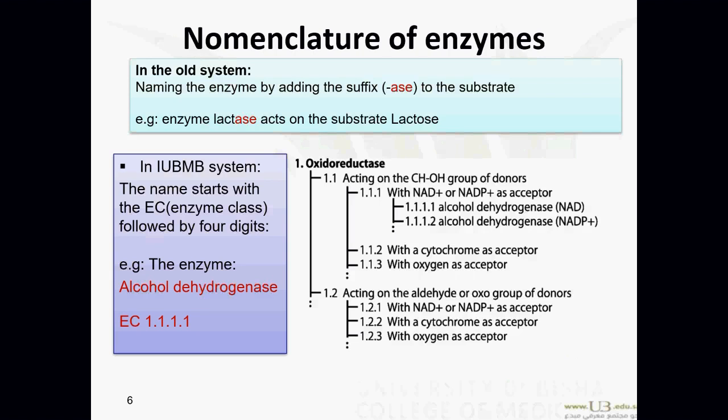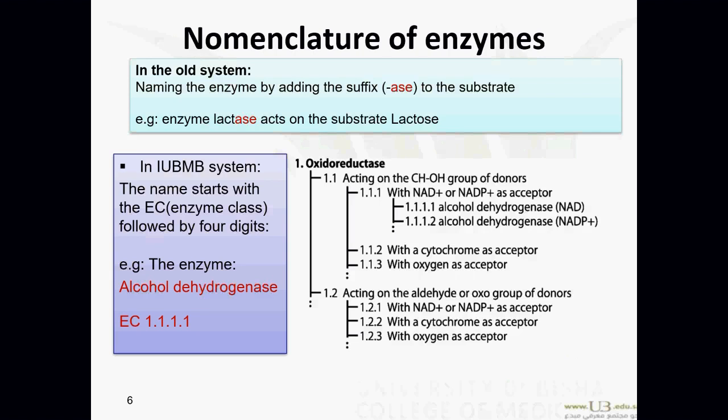The number 3 stands for the enzyme class that is activated either by NAD or NADP as acceptor of the hydrogen ion.